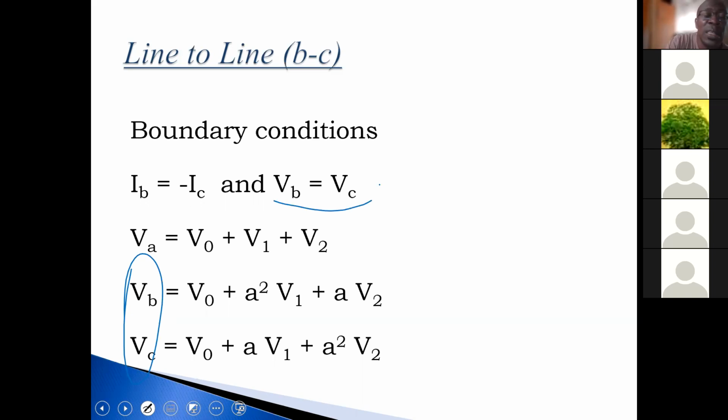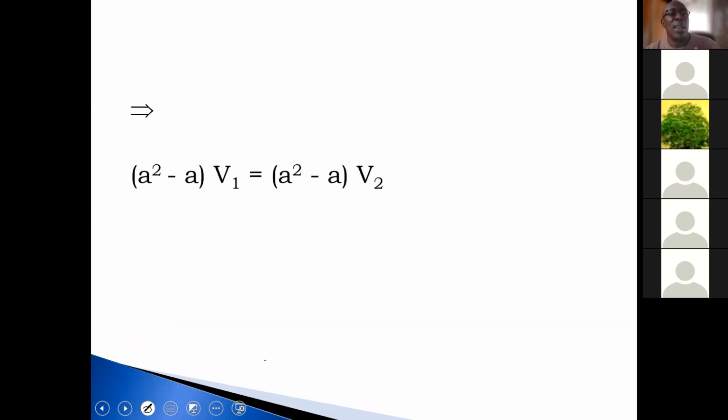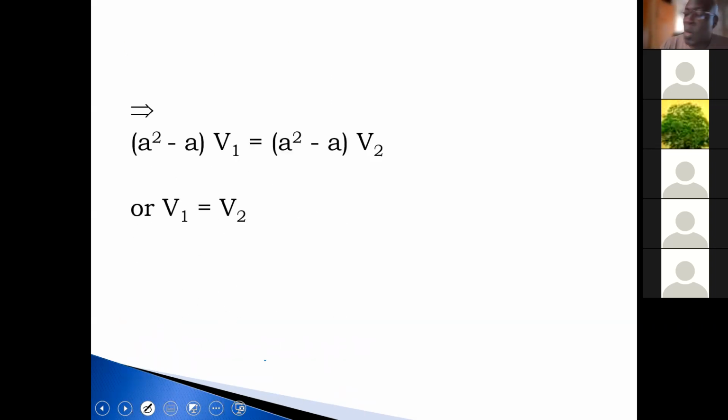All we know is that they are equal. So they are non-zero, but we don't know what the values are. But we can still equate them, because we know that they are equal to each other. So we can still equate the two expressions. So it will result in V1 being equal to V2.